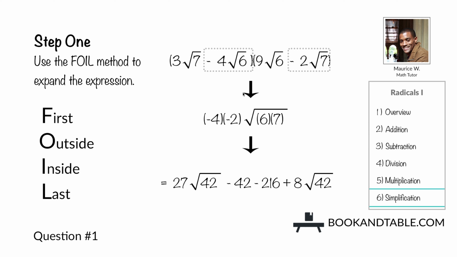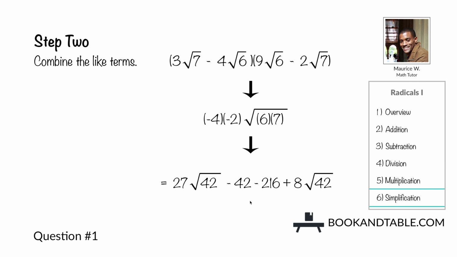And then you multiply the last terms in each binomial. Negative 4 times negative 2 gives you a coefficient of positive 8. Radical 6 times radical 7 gives you radical 42. So now that we've expanded the expression, the next step is to combine the like terms.